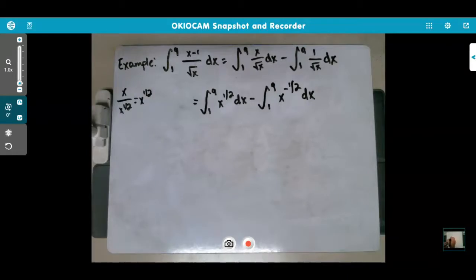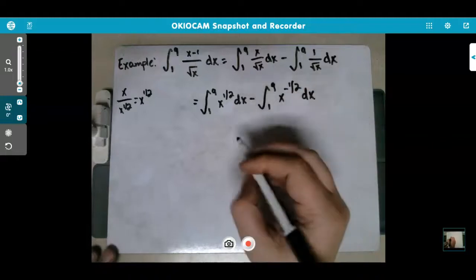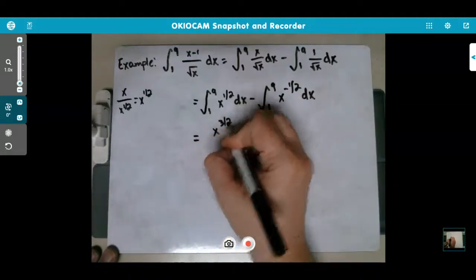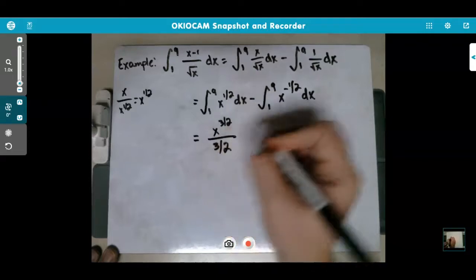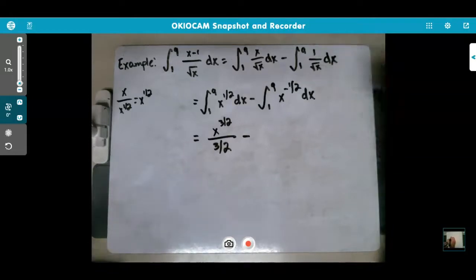And so now I just need to find the antiderivative. I do that by adding 1. 1/2 plus 1 is 3/2. So this is x to the 3/2 over 3/2 minus, do the same thing over here, negative 1/2 plus 1 is 1/2.